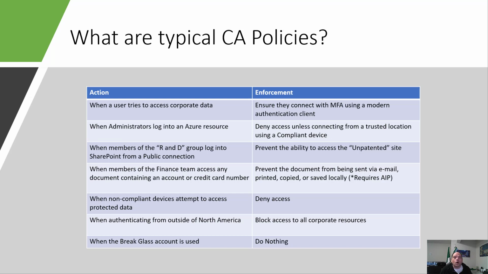A lot of them have already created these conditional access policies, which is good and bad, because now we have a framework to work from. And more importantly, we also have a resource that's already been assigned to manage these policies.